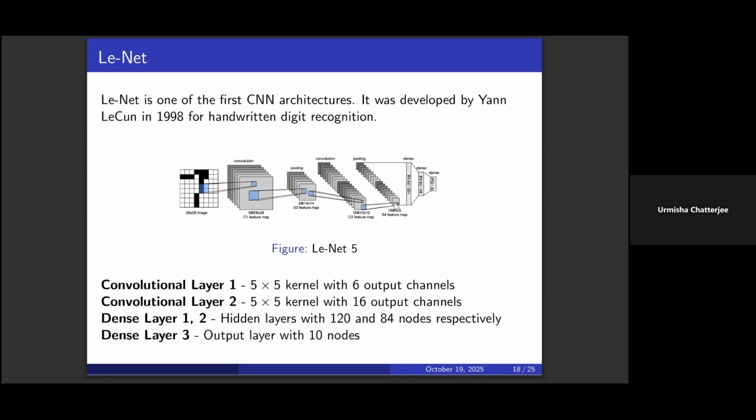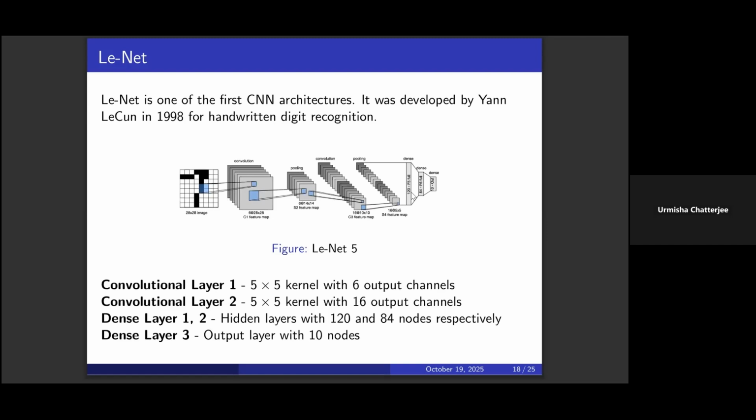So now this image is vectorized into one dimension. That means it will have a dimension of 16 times 5 times 5. That will be, I think, 400. Yes, should be 400. So you have a 400 dimensional vector now. From here onwards, it performs the same function as multi-layer perceptrons. That means he has used 120 and 84 nodes.